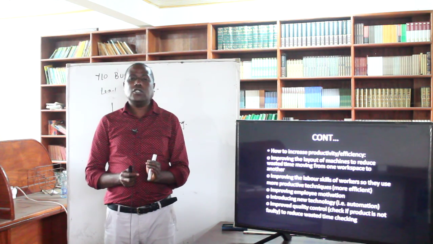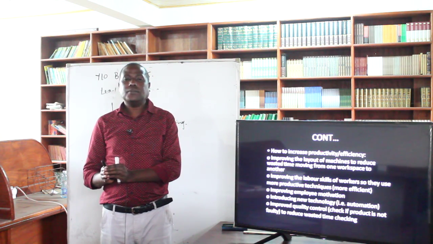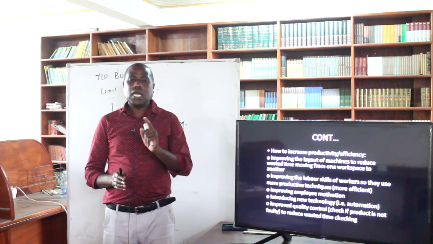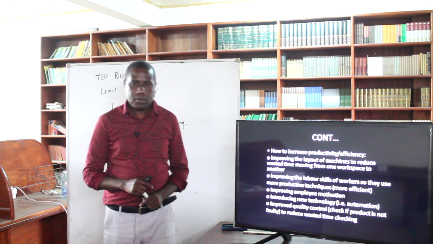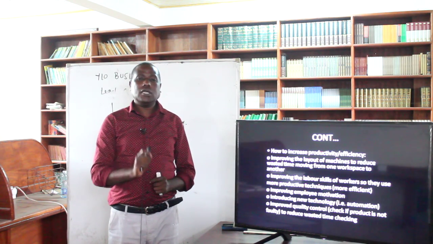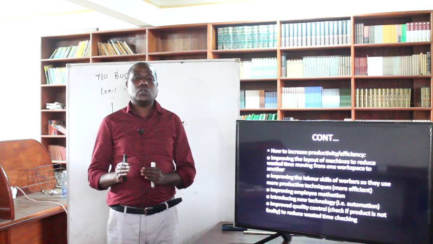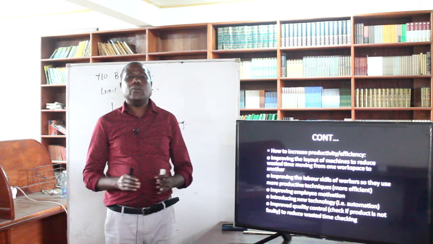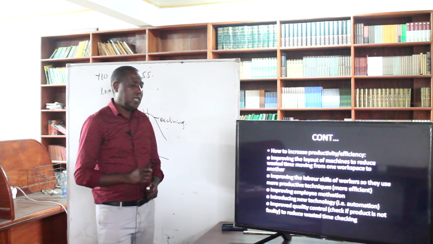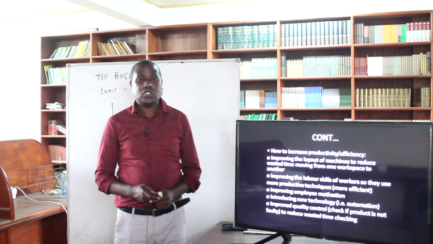Improving the layout of machines to reduce wasted time moving from one workspace to another, or improving the labor skills of workers so that they use more productive techniques more efficiently, or improving employee motivation, or introducing new technology like automation, right? Improve quality control. This is whereby you check if the production process is faulty to reduce any time wasted in checking. And that brings us to the end of our lesson for today.